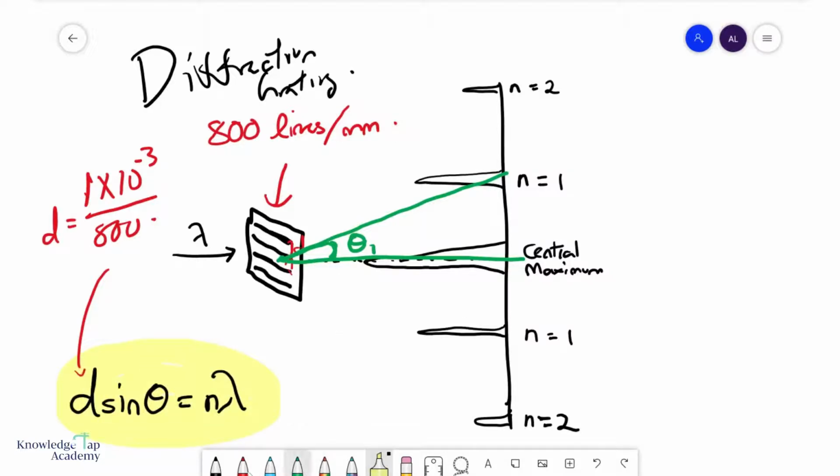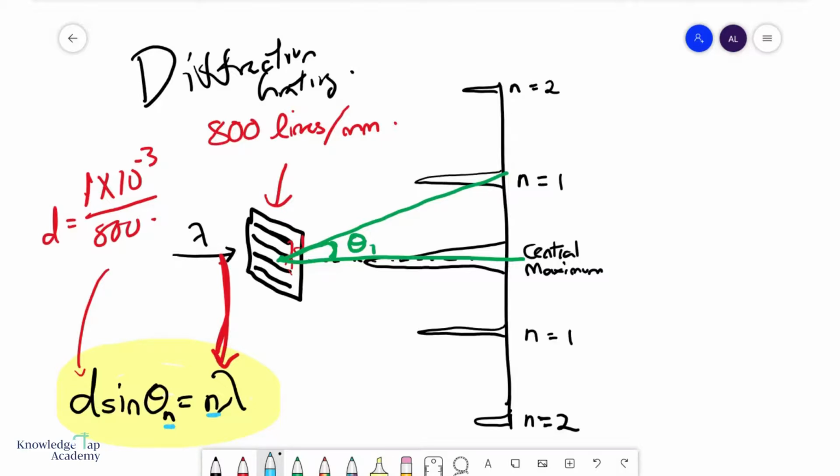Remember, I'm just going to add something here. You can think of it as d sine theta n equals n lambda. So for example, I could substitute the wavelength of the wave inside here. Of course, this is quite self-explanatory. As long as this value of n here and this value of n tally, this formula will work.